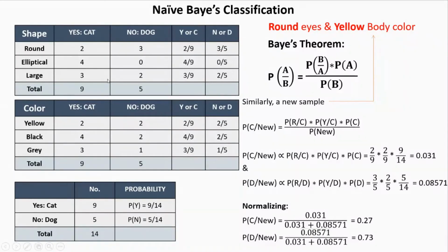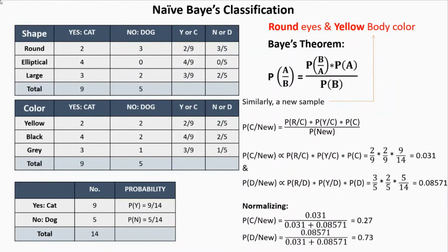So these are your two attributes, and you want a binary classification to be done on these attributes. You've got 3 values for shape of eyes, and 3 values for color of the body. And with respect to that, from your available data set, whatever is the population that you are scanning, you count the number of times you get cats or the number of times you get dogs.